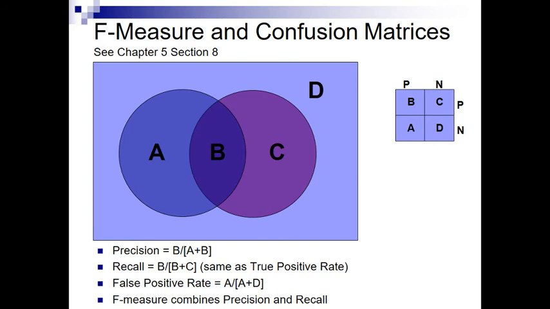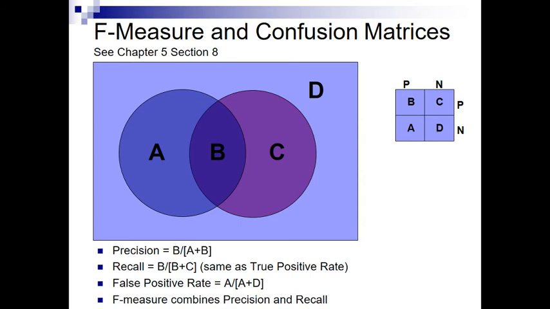Now we can see how the different evaluation quantities are defined. We've got precision, which is B divided by A plus B. We've got recall, which is B divided by B plus C, which in this part of the output buffer, where we have this detailed results per category, true positive rate and recall are the same.